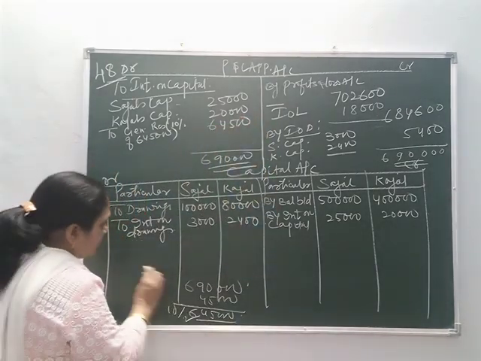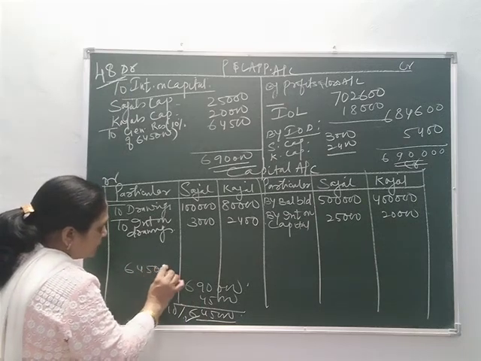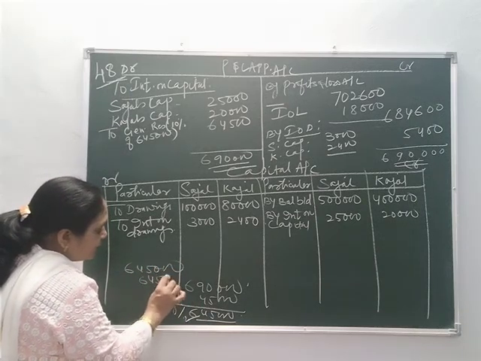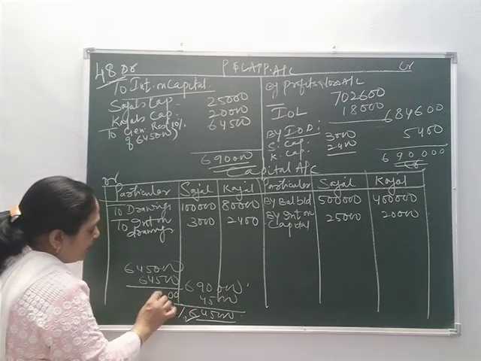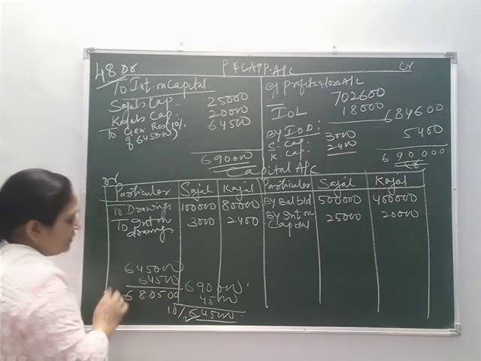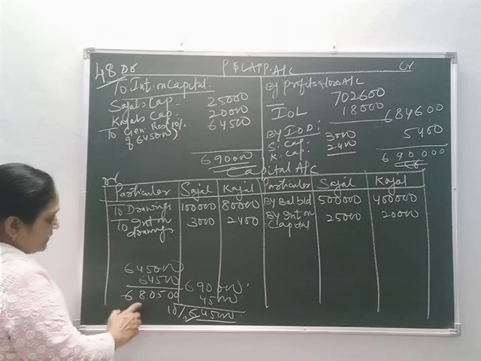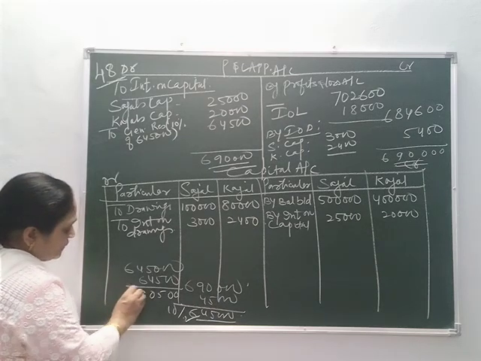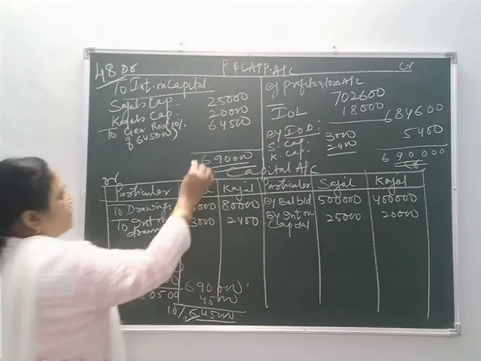Now from 6,45,000, if you subtract 64,500, the remaining will be 5,80,500.